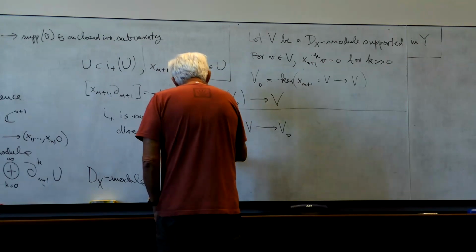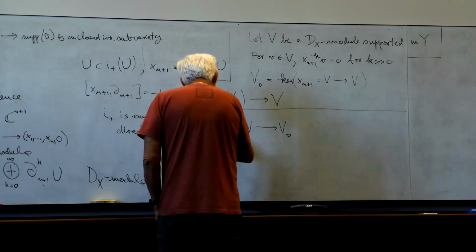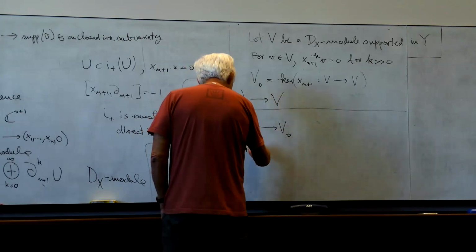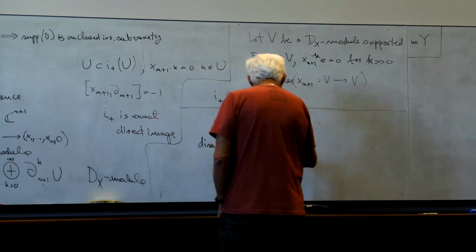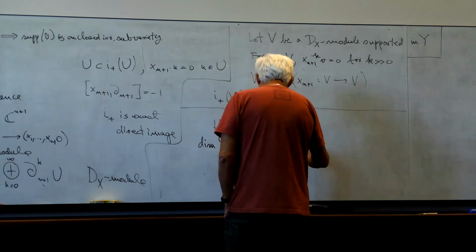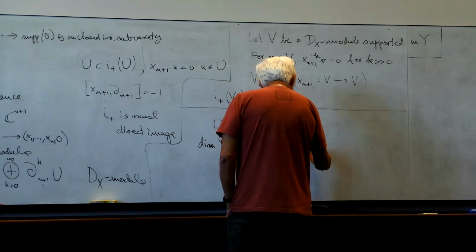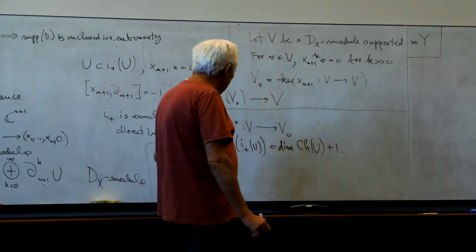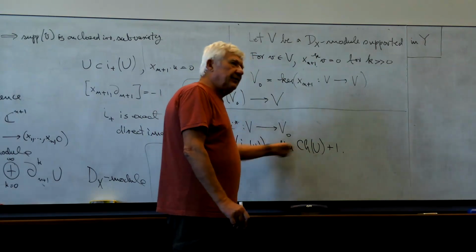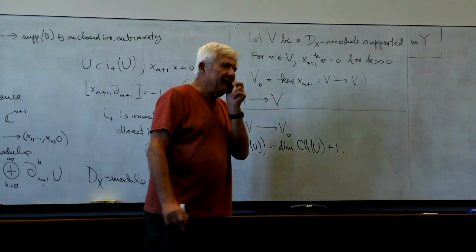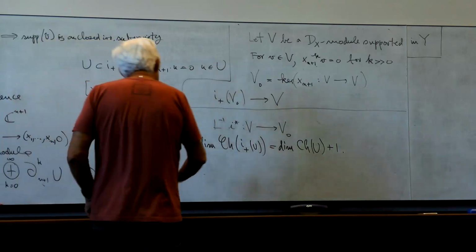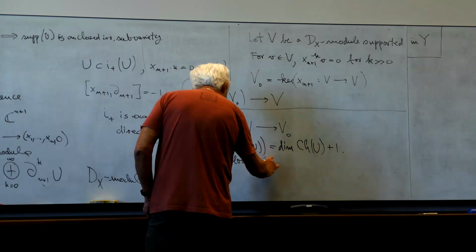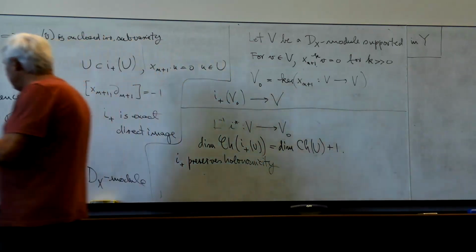But from this, you see that the dimension of the characteristic variety of the image is equal to the dimension of the characteristic variety of U plus 4. So one of these goes up, the other one goes up, so the dimension is preserved. And this is everything I used last time.